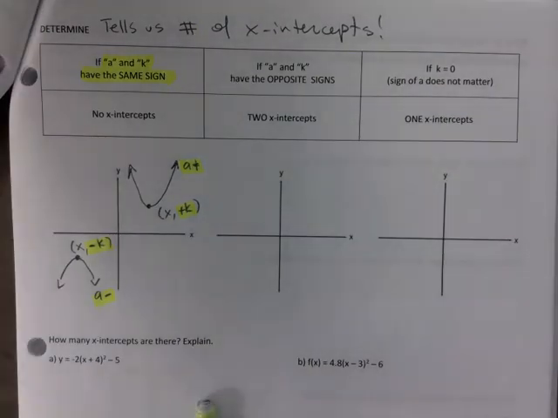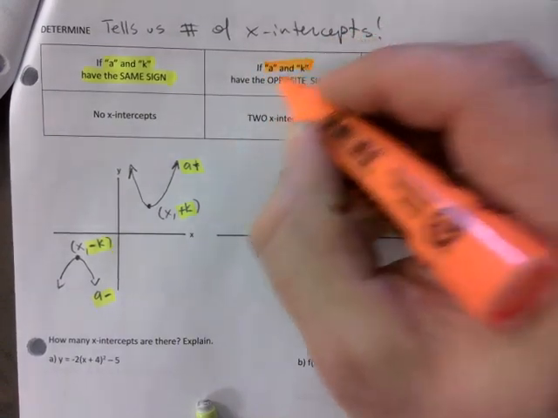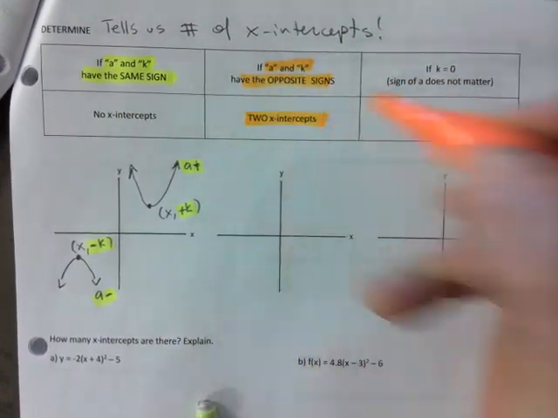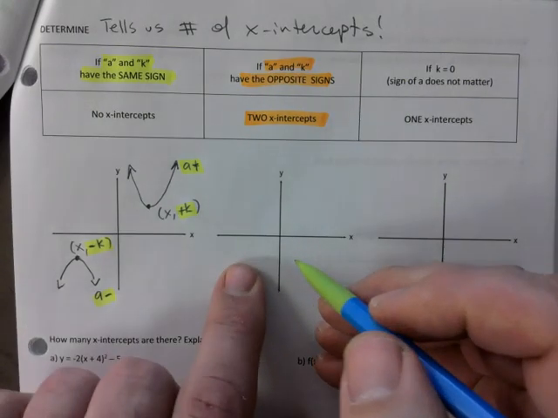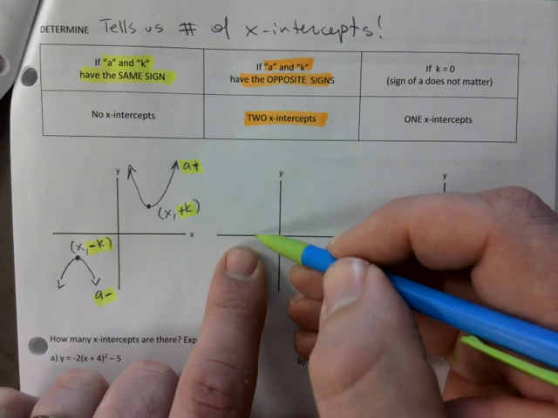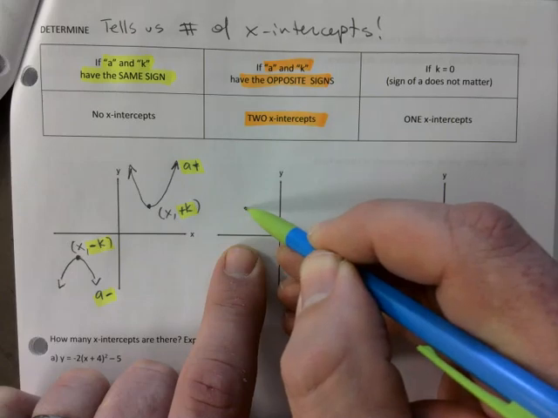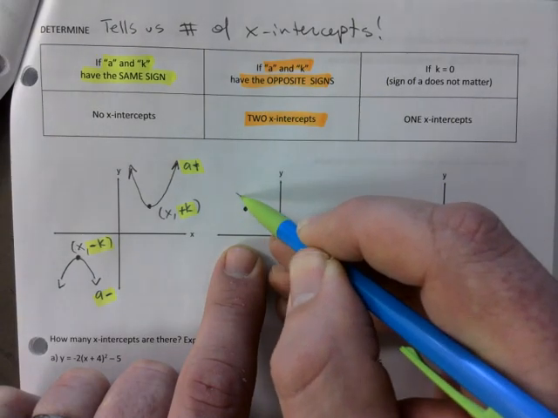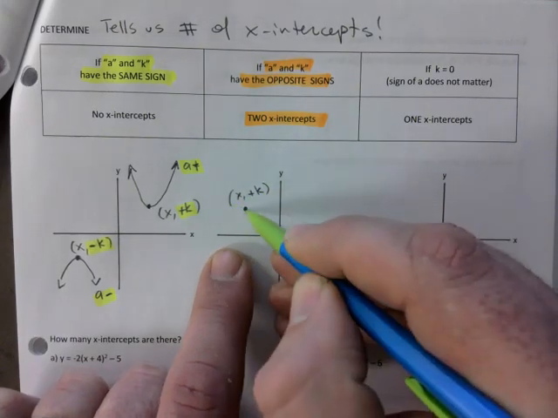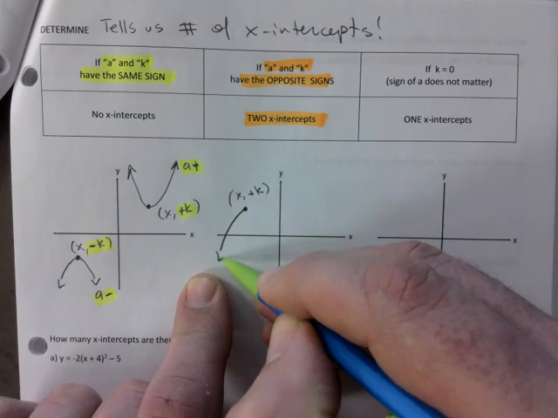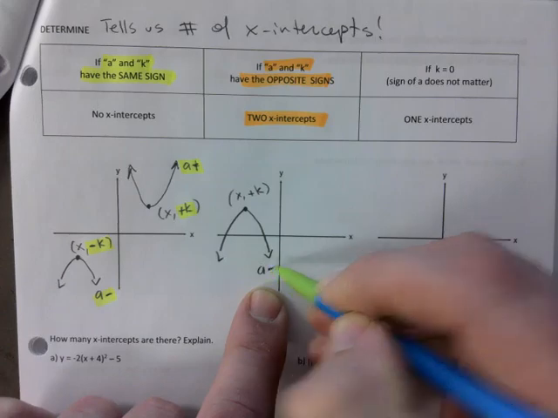If A and K have opposite signs, we will have 2 x-intercepts. The most common case. How so? Well, let's say K is positive, then that means the vertex is somewhere up here. So K is positive, and if A is negative, right?